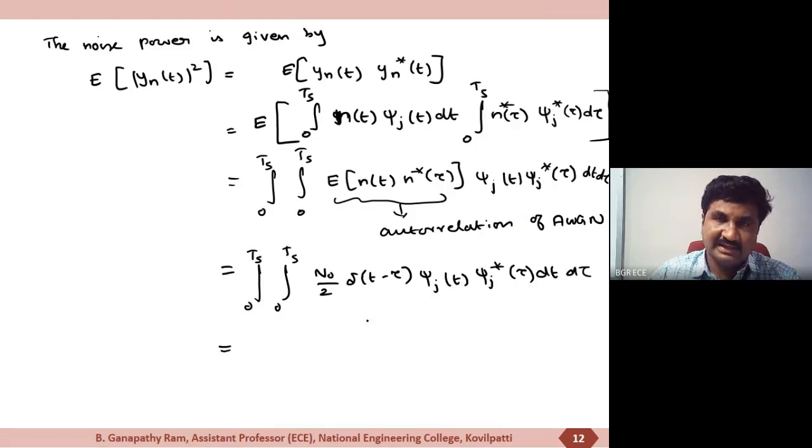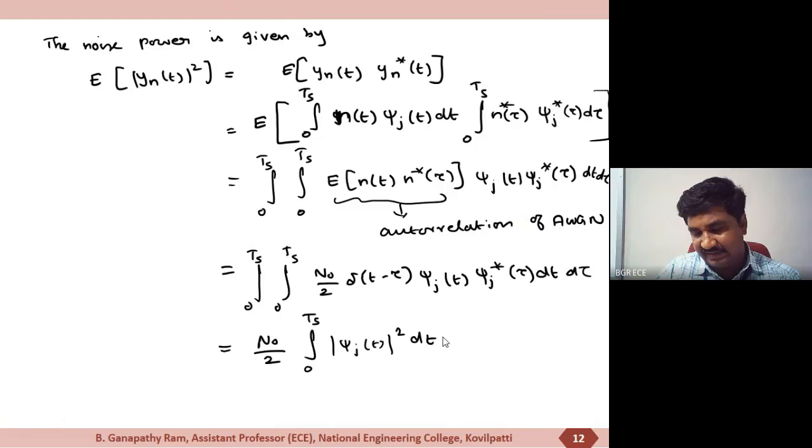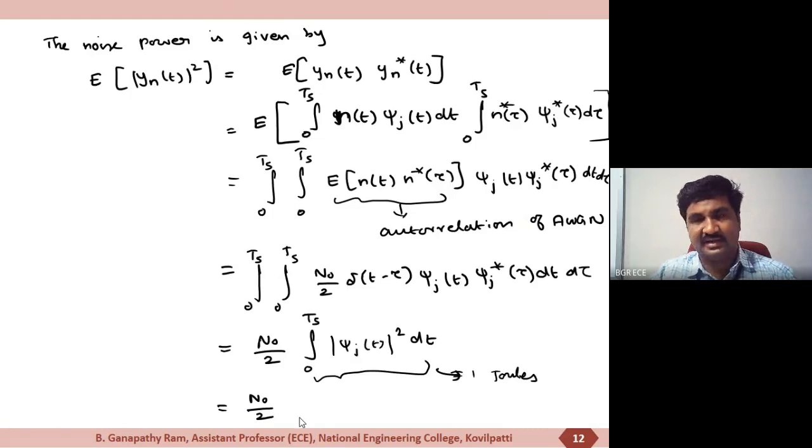Hence, the integral with respect to tau can be removed, so that we get N naught by 2 integral of 0 to ts psi j of t the whole square dt, and this is the energy of the orthonormal basis function, which is equal to 1 joule. We have already discussed this. So the noise power can be represented by N naught by 2.